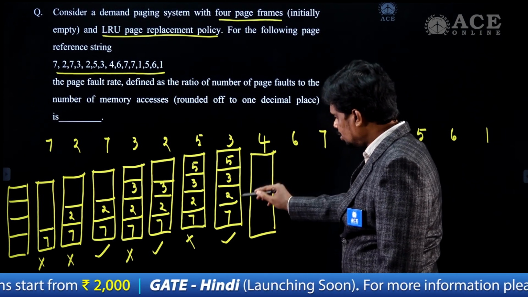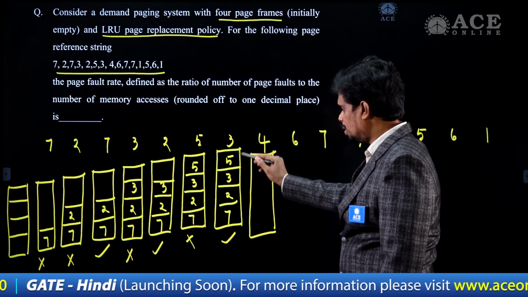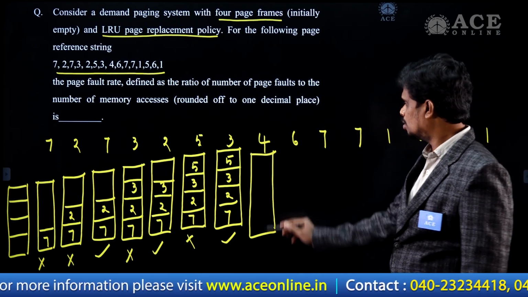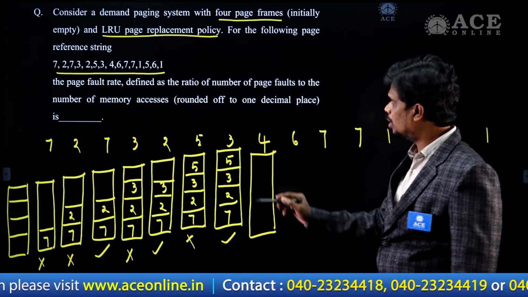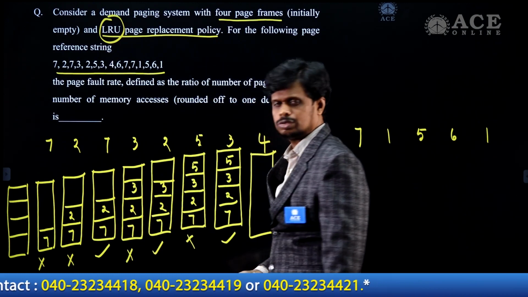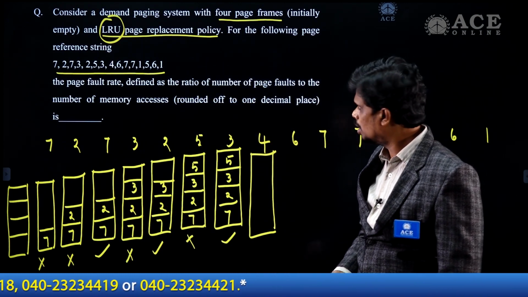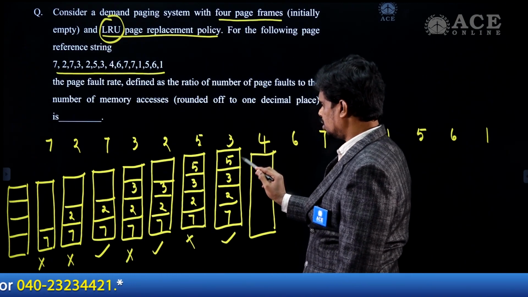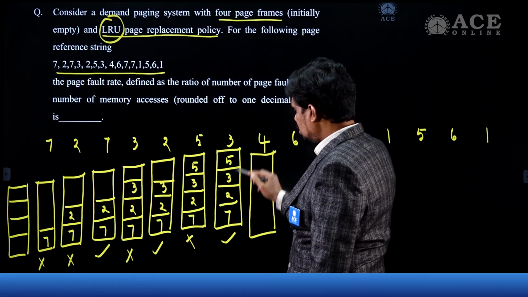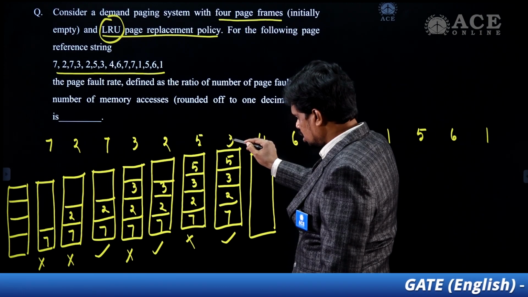Then among these 7, 2, 3, 5, one page must be selected for replacement by this particular 4. As we are using LRU, which is the least recently used page replacement algorithm, among 7, 2, 3, 5, which is the least recently used? Have a look. If you verify, 3 is the most recently used.